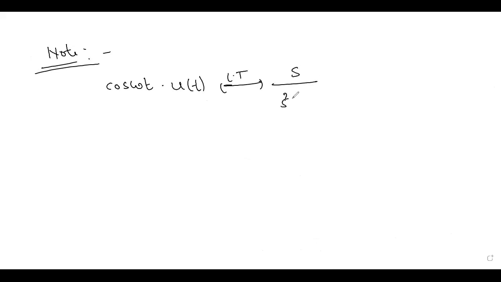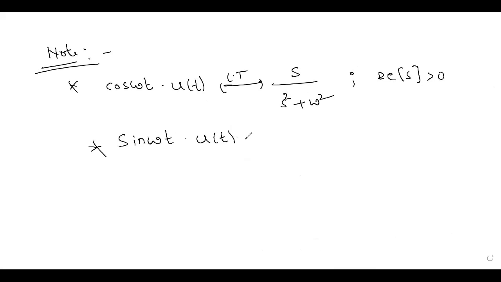S by s square plus omega square, where real part of s is greater than 0. Important. Sine omega t into u of t. What is its Laplace transform? Omega by s square plus omega square, where real part of s is again greater than 0.